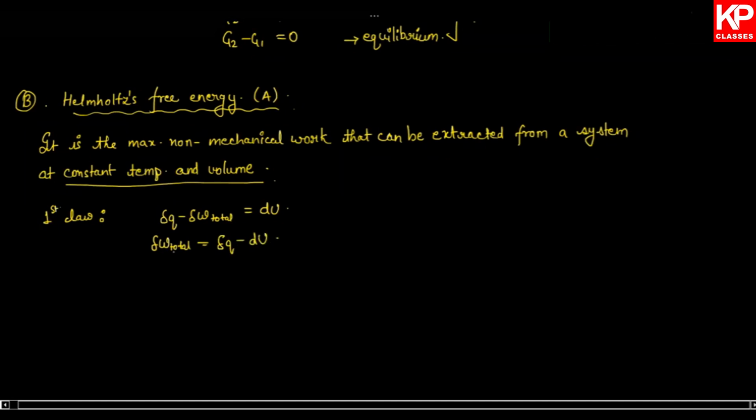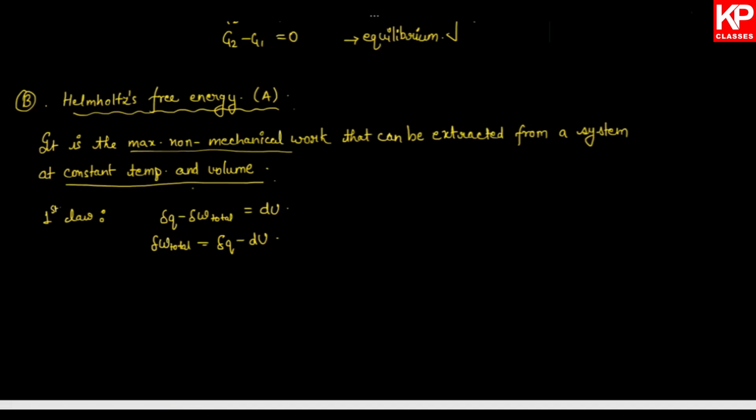And this del W total is nothing but the sum of mechanical, non-mechanical work and loss. If there is no loss inside the system, then there will be only mechanical and non-mechanical work, and both will have maximum values.